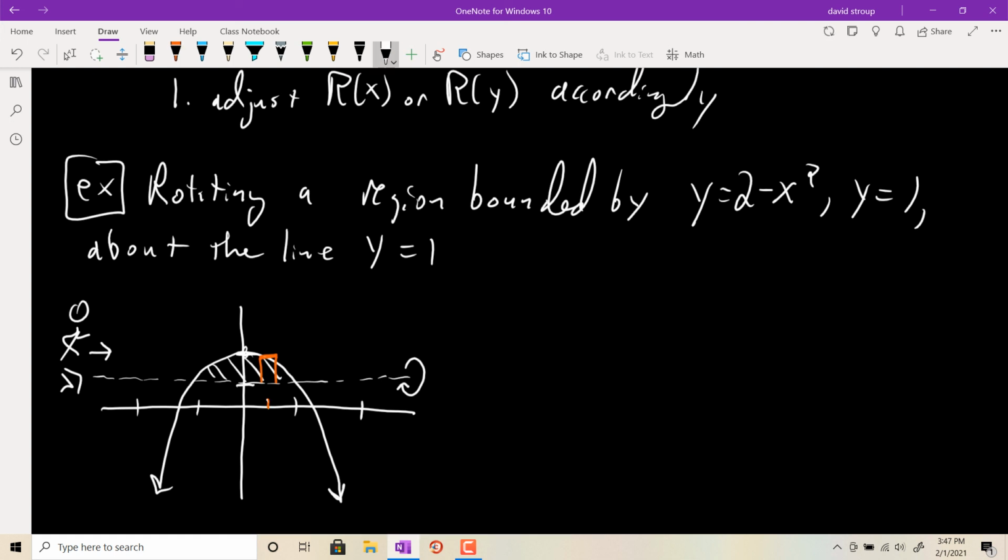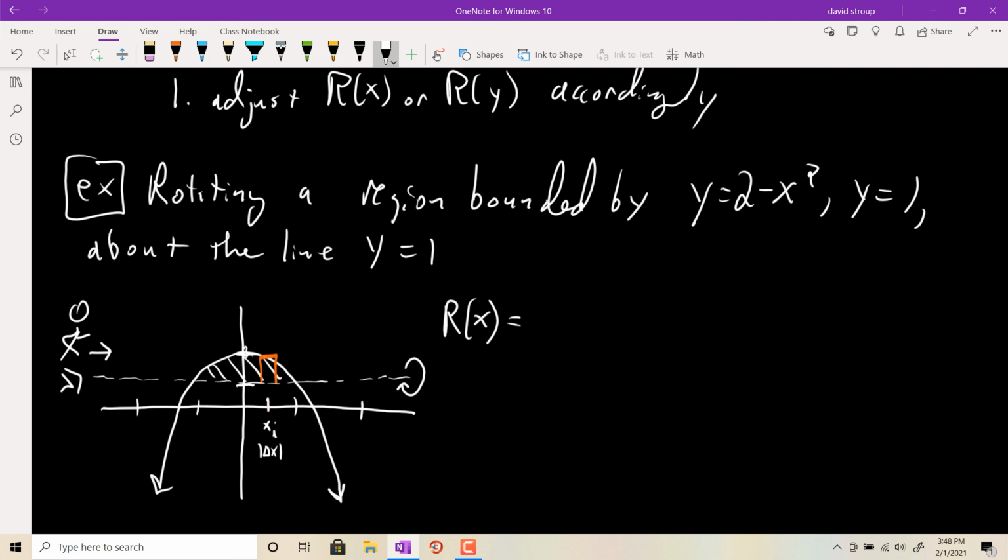So in particular, this guy is at location x sub i with width change in x. So it has variable height as the Riemann man goes across the x-axis. So what is that formula for the radius, which is really just the height of that particular rectangle?